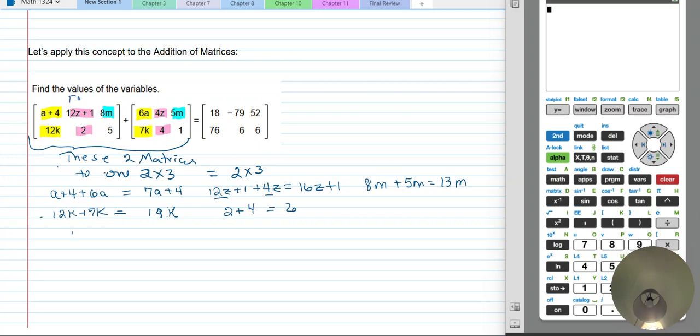Then I'm going to do my last, second row, third column, 5 and 1 is 6. So my new matrix is again a 2 by 3 because they have to match. And we're going to use our numbers.